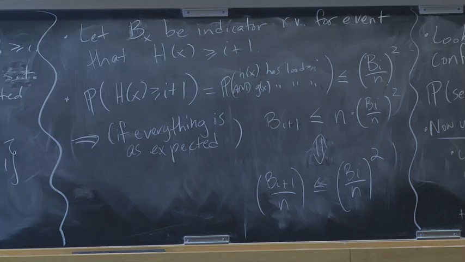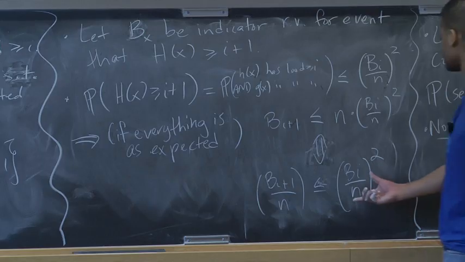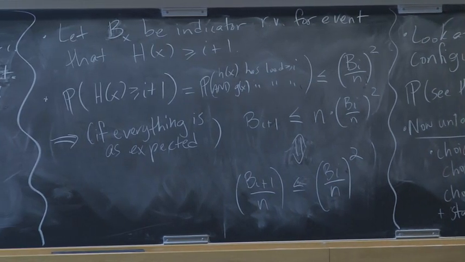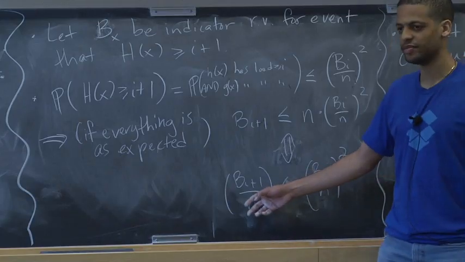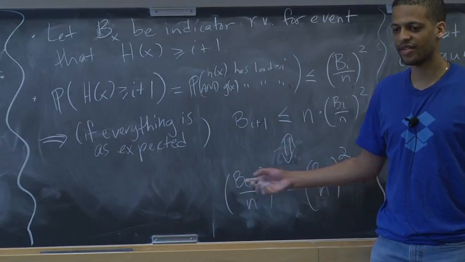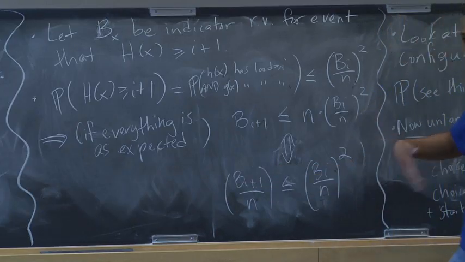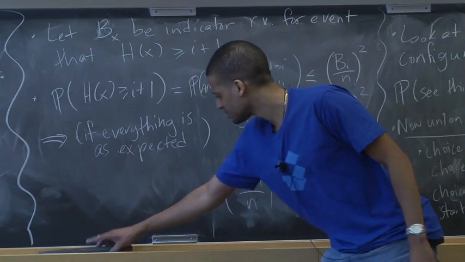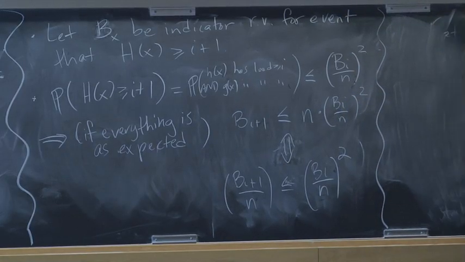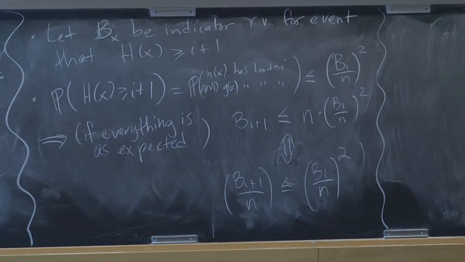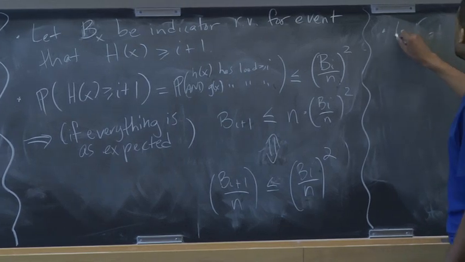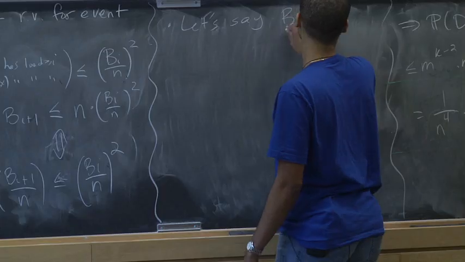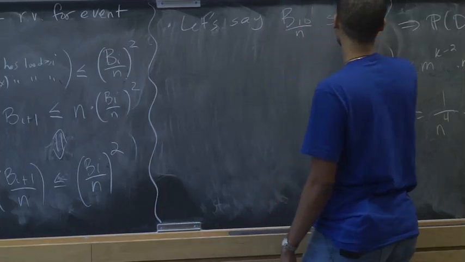Okay. So once you're in a situation where b_i over n is less than, let's say, a half, then the fraction of bins that have a high load is decreasing as a power. It's squaring each time, right? So let's say, for example, we knew that b_10 over n was at most a half.